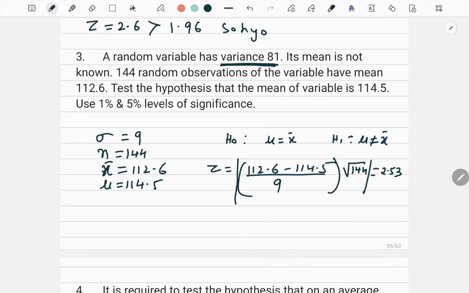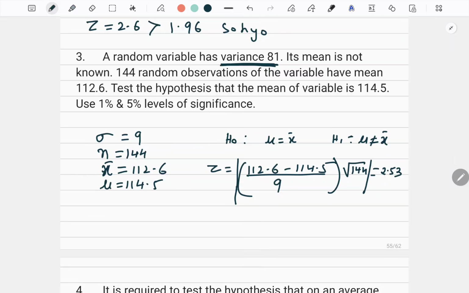So I will use 112.6 minus 114.5 divided by 9 is equal to, into 12.